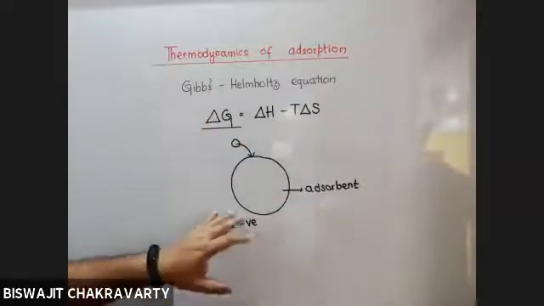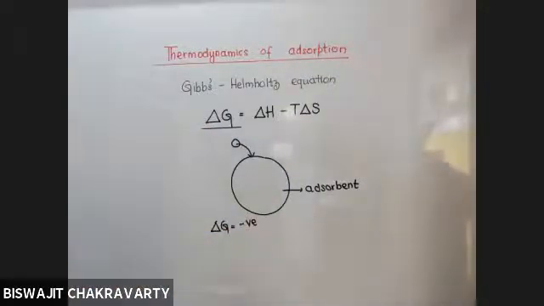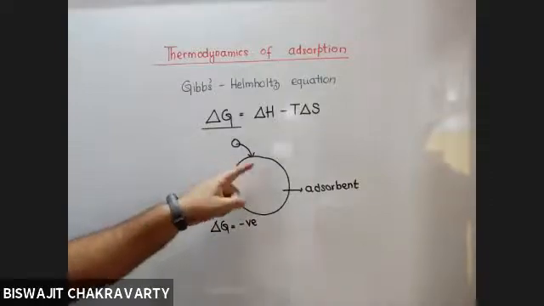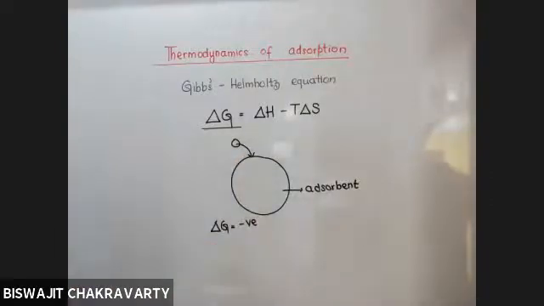Delta S is positive when there is an increase in entropy. Delta S is negative when there is a decrease in entropy. My question to you is, during the adsorption process, is the entropy of these molecules increasing or decreasing?